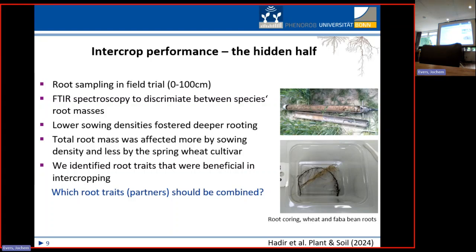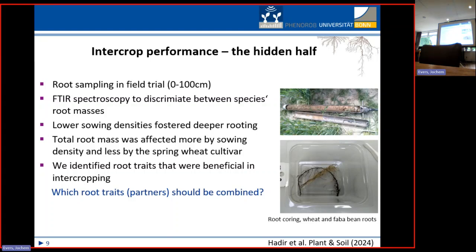And then you get in the end a lower LER, because, correct me if I'm wrong, very important for the LER is to have a strong and a weak partner. If the cereal suppresses the legume, you also get a low LER usually. So you also have to get some good yield of the legume to have a good overall LER. And if you have a cereal that is very strong at the beginning, it's not beneficial for the final LER.